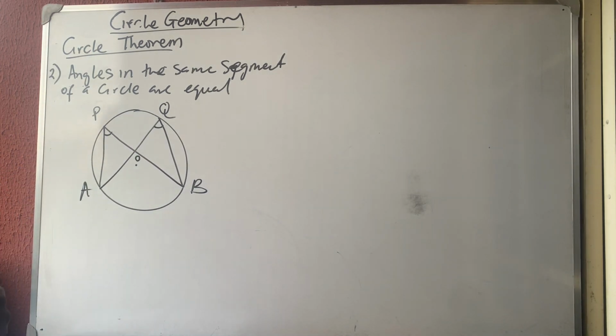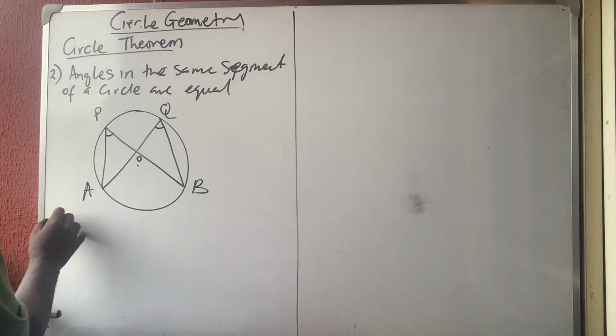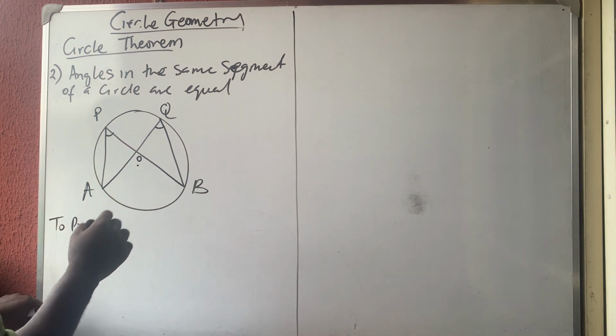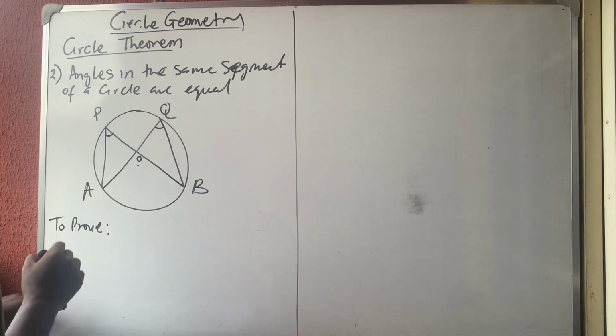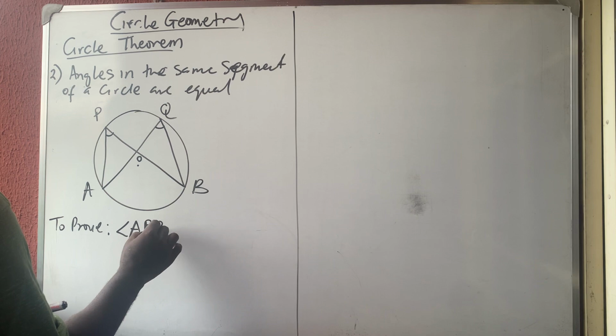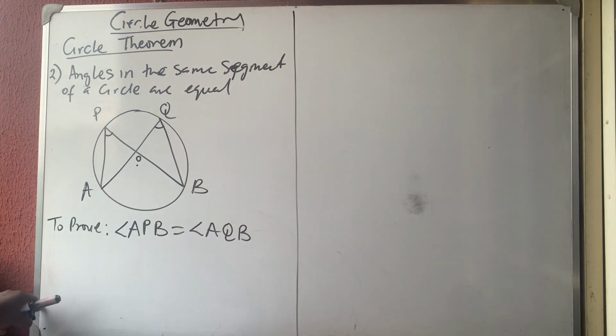Okay, now let us prove. First of all, we want to prove that angle APB is equal to angle AQB. That is what we want to prove.